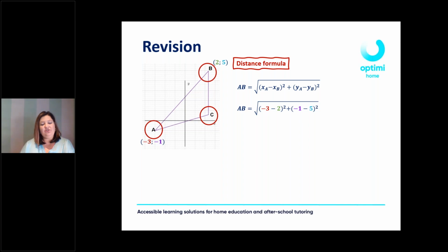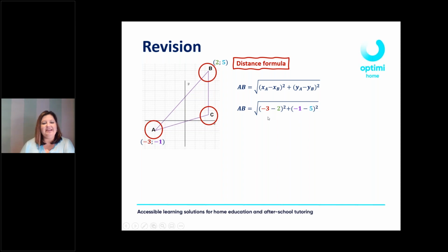Now, I do want to tell you, you need to be very careful with your signs. As this equation has negative signs in there, if my x value of B was negative, you need to look at the influence it will have on the sign. It will be negative times the negative sign of the B, which will change that to a positive.